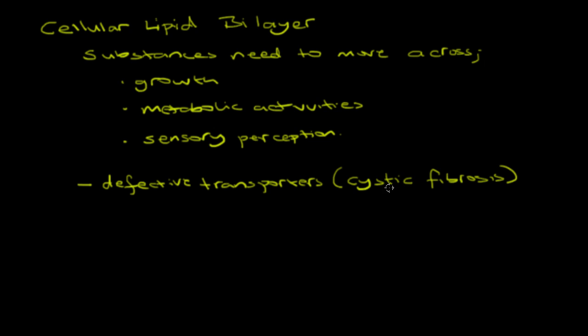In cystic fibrosis, chloride is not moving correctly, so water is, as a consequence, not moving correctly either, because these two ions will often follow each other, and the problem that creates is that mucus secreted by the lung becomes very thick. So cystic fibrosis is a problem with chloride transport.